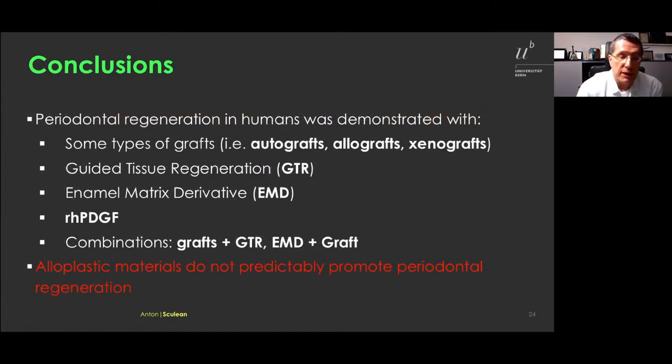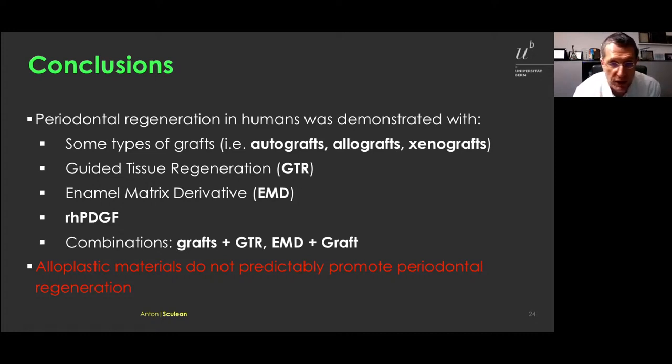So let me make a short summary about the materials that have been shown to promote regeneration in humans. Grafting materials, limited types. The best one, the gold standard still now, is the own bone, autogenous bone, okay?